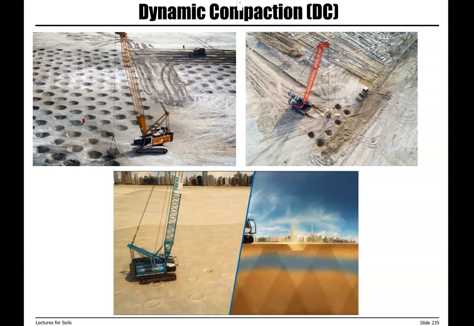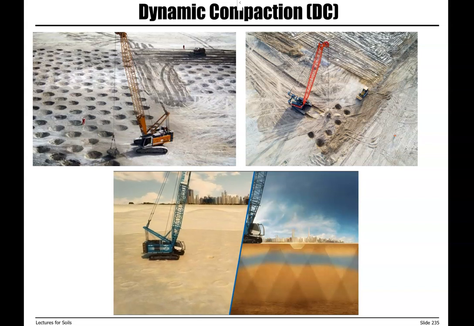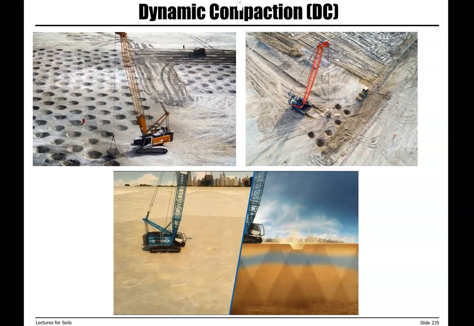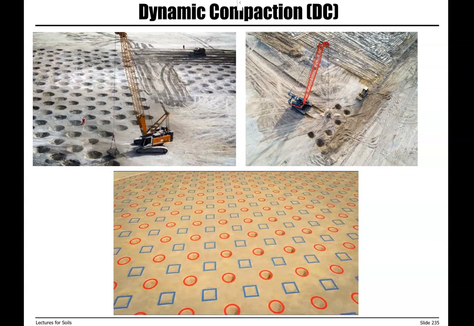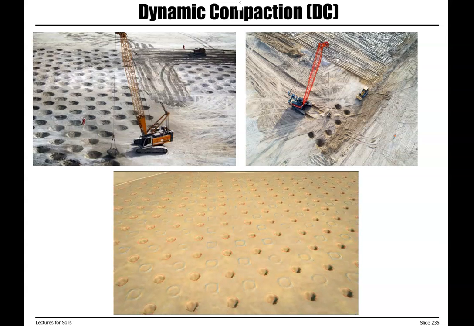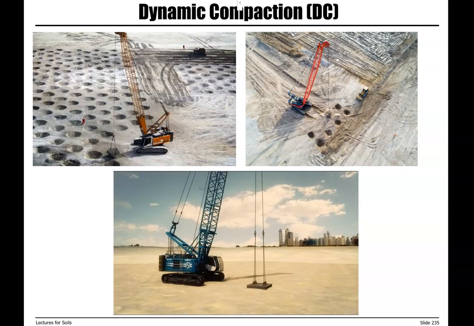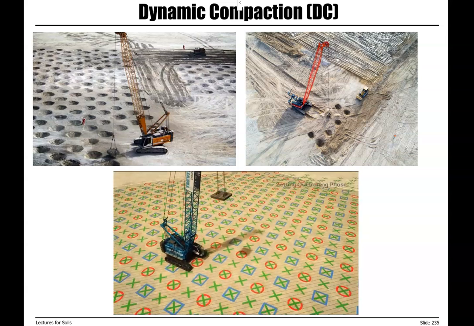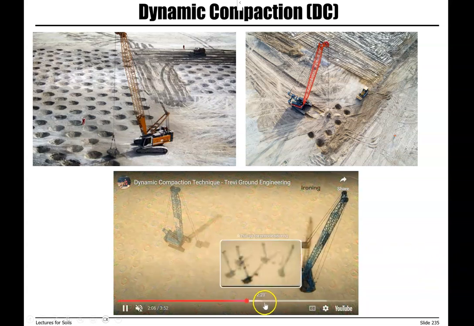So in phase 2, the location for the drop of the weight is different to cover the whole area. And it's again followed by a secondary technique to fill out the holes and also to compact that soil.